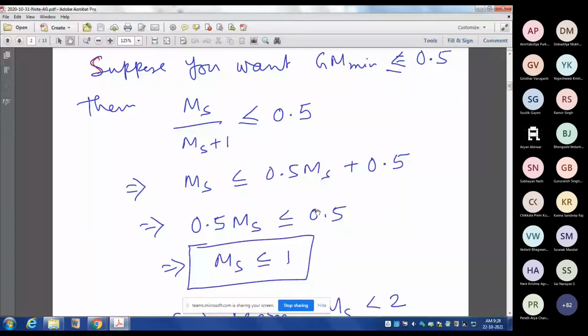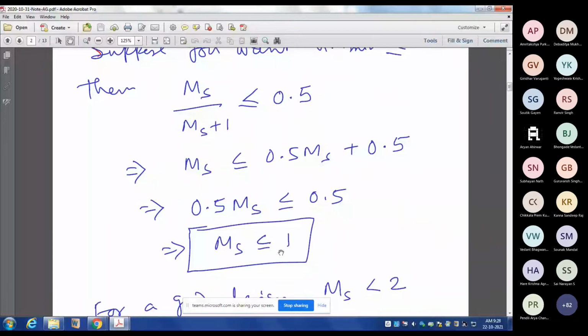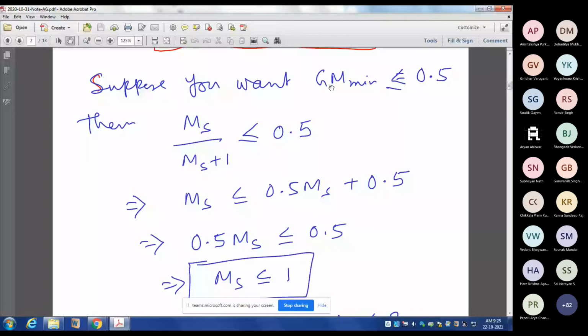That means if you want GM min less than 6 dB, your Ms has to be at most equal to 1.